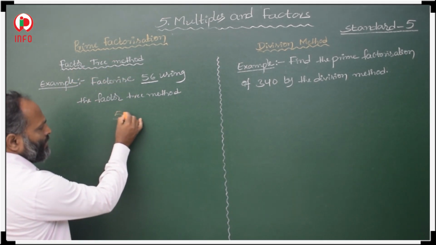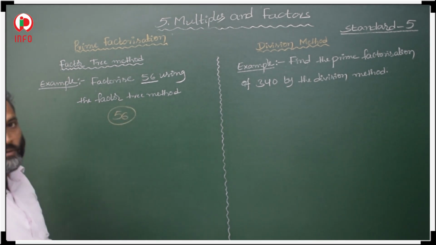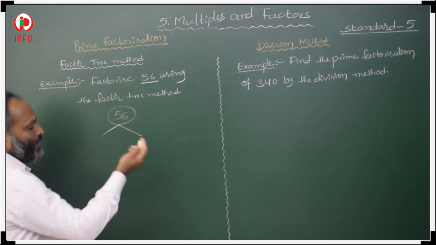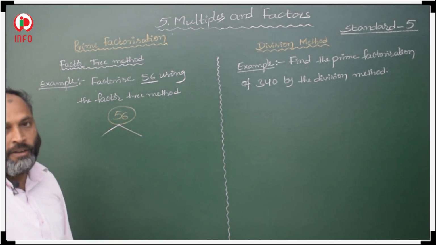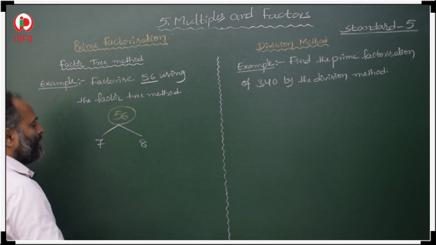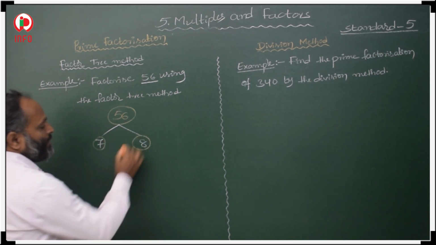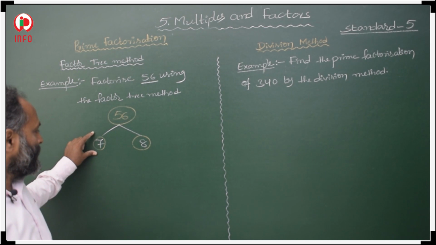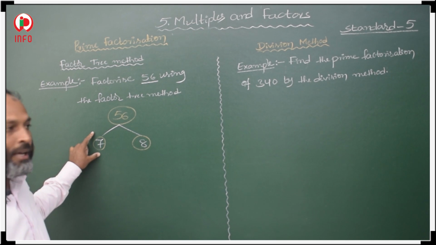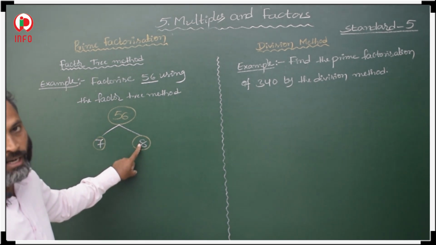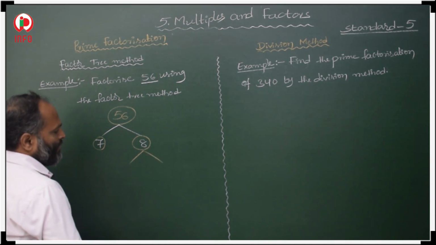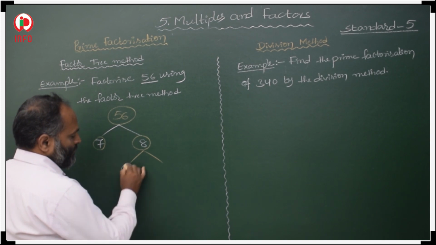Take 56. Now split this 56 into a product of two numbers, that is your wish. 7 8s are 56. Here 7 is a prime number, so we can't split it further. Then 8 is a composite number, so we can split it again: 2 4s are 8.